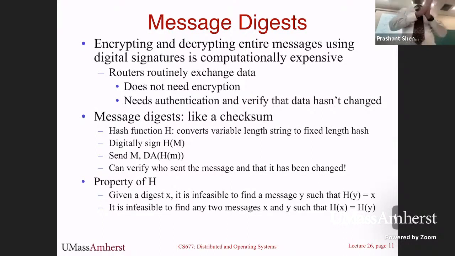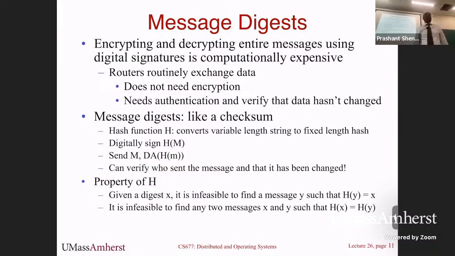So if you have signed some message that generated a hash H of M, that's some integer, and I can brute force construct some other arbitrary document that gives me the same hash, I can claim that you signed that other document. Good hash functions will not allow you to do that. It should be infeasible. Given a digest or a hash, it should be infeasible to find some other string that produces the same hash value.